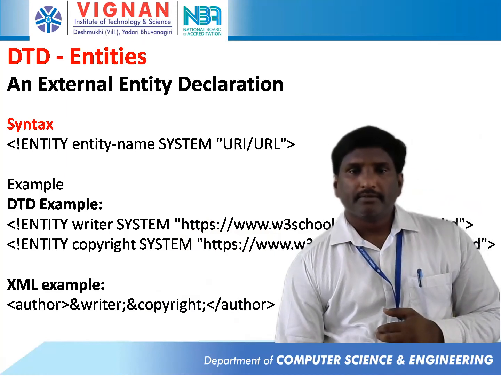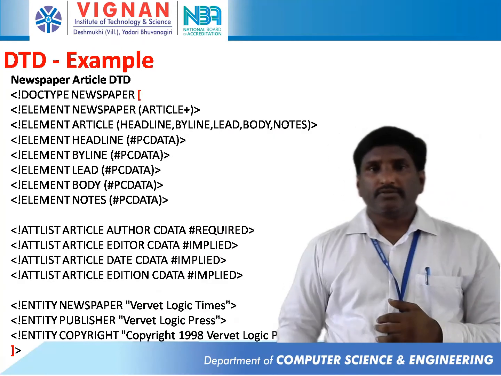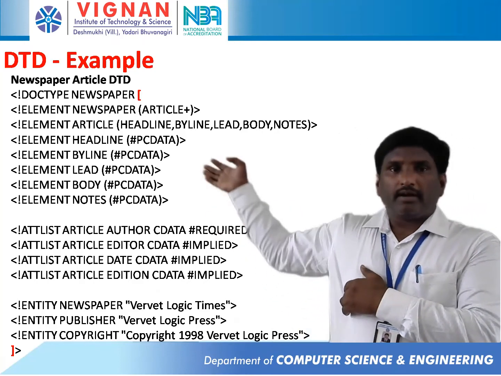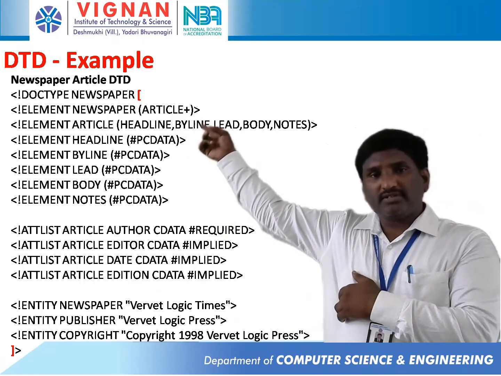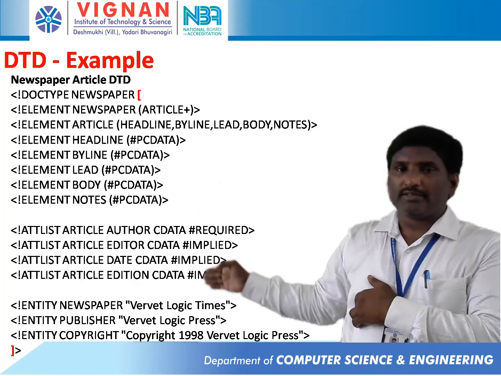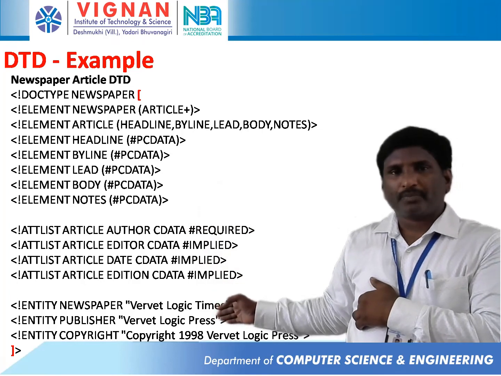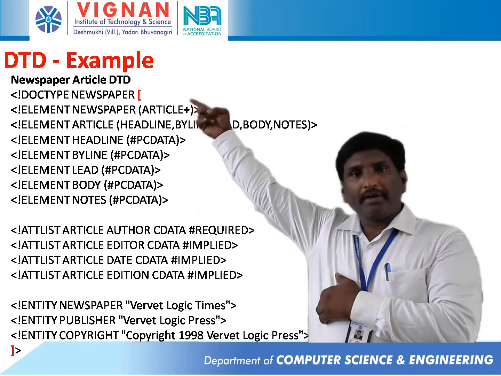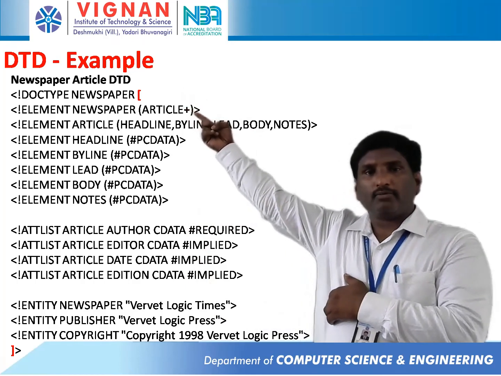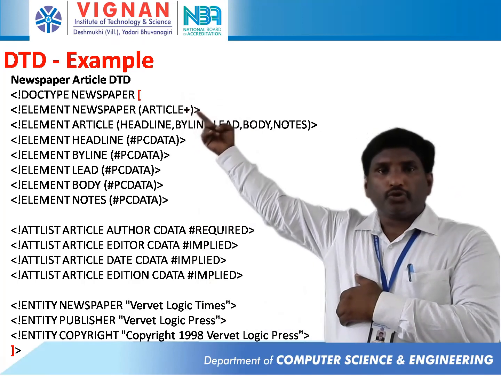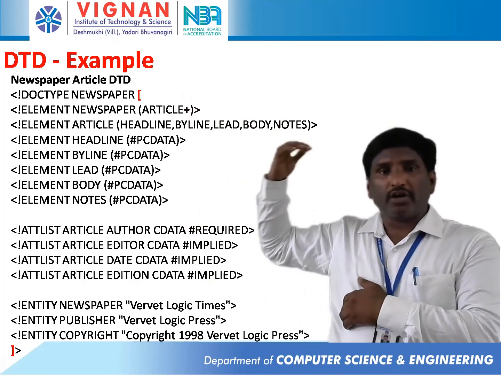So finally, this is the DTD file structure. Here is the DOCTYPE; this is the DTD for the elements, attributes, as well as entities. Newspaper is the root element, with article plus, meaning one or more articles.